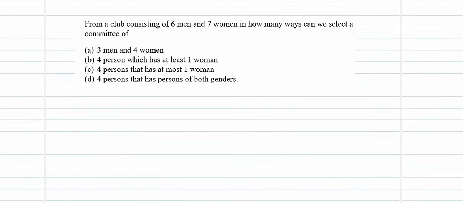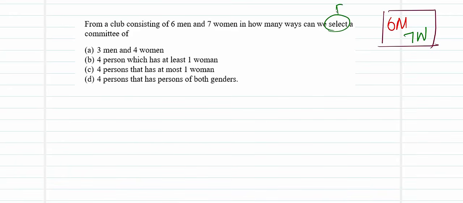I have a club that consists of 6 men and 7 women. In how many ways can we select a committee of 3 men and 4 women? The club contains 6 men and 7 women, and you are going to select.